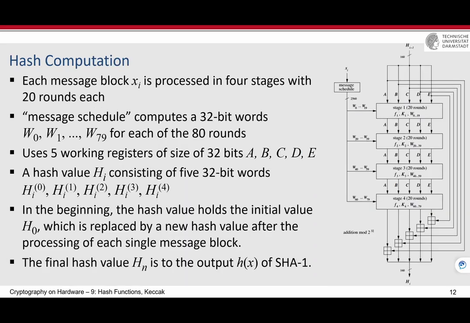The computation of the hash works like this: each message block xi, which you see here, is processed in 4 stages with 20 rounds each. It computes the 32-bit words of the message schedule, W0 till W79, and then uses 5 working registers of 32 bits each.